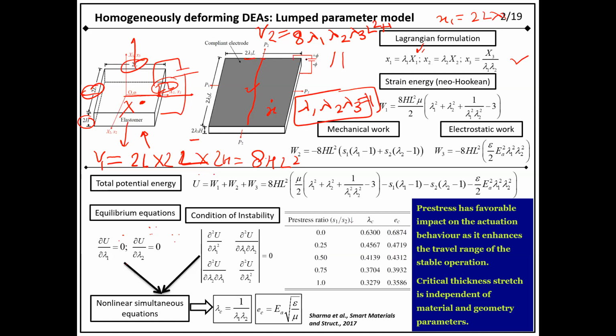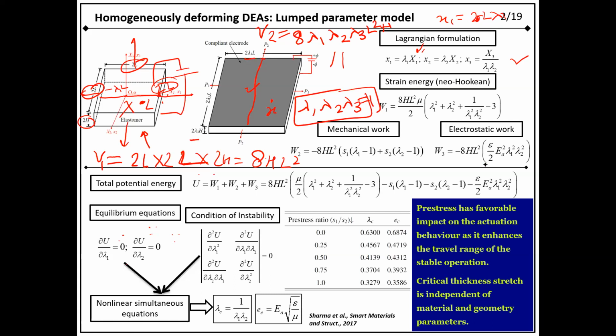But that is not 2L lambda 1, that is actually L lambda 1. So that is L, so this will be L lambda 1. We can obtain the coordinates: this will be L lambda 1 and this will be minus L lambda 1. So the total length will be 2L times lambda. These are the relationships between the undeformed and deformed configuration systems.